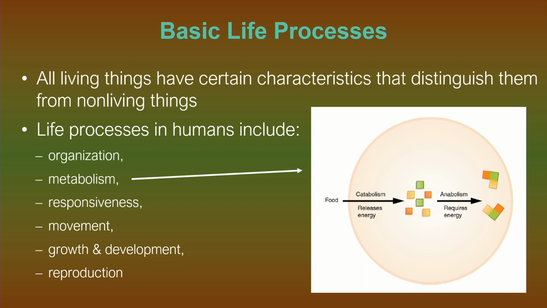Life invokes metabolism. Metabolism is all of the chemical processes that are going on in your body at once. All the things that are building new structures and all of the things that are breaking down old structures. And the names for those processes are anabolism and catabolism, which is really interesting.